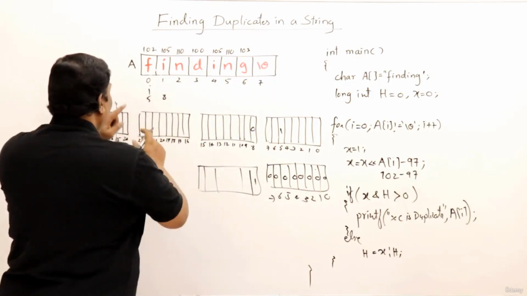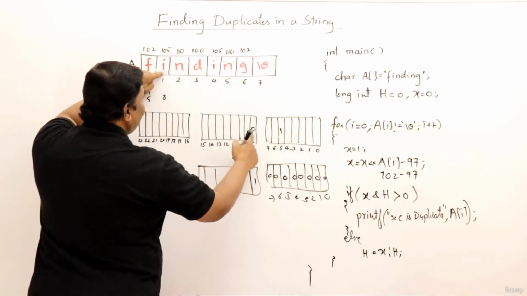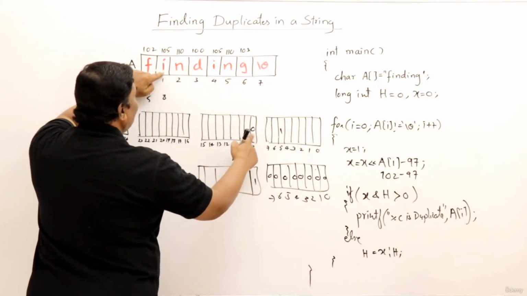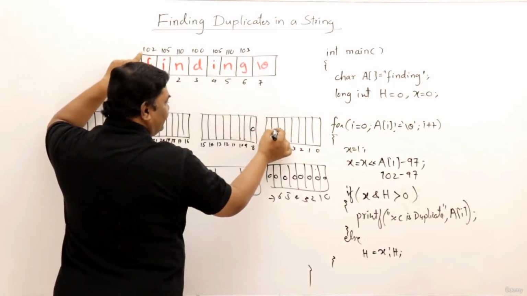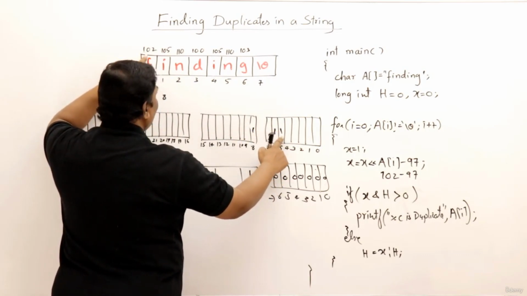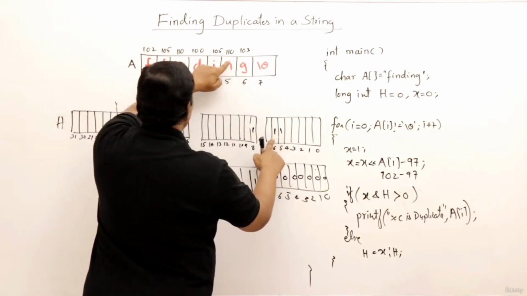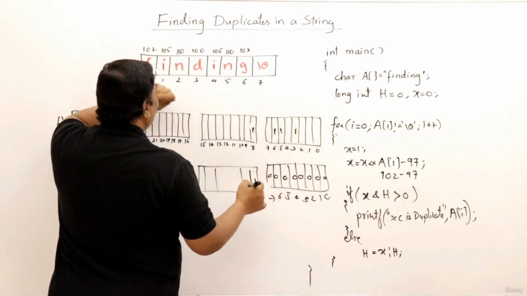In this way, the bit for 5 will be set on, and for 8 it will be set on. And for this one, 103, the 6th bit is also set on. So this is 102, this is 103, and this is 100. So this is also 1 for 100.